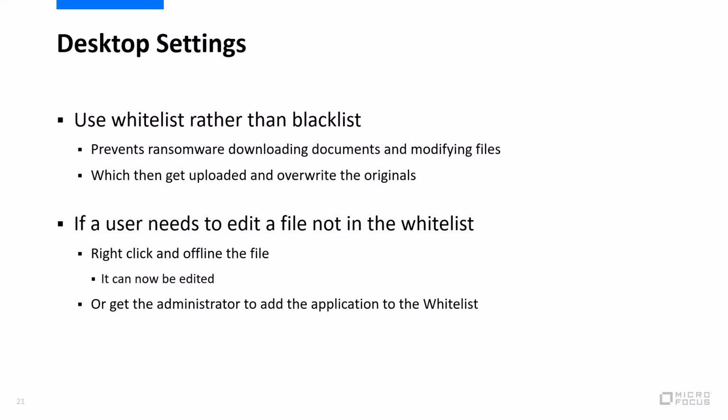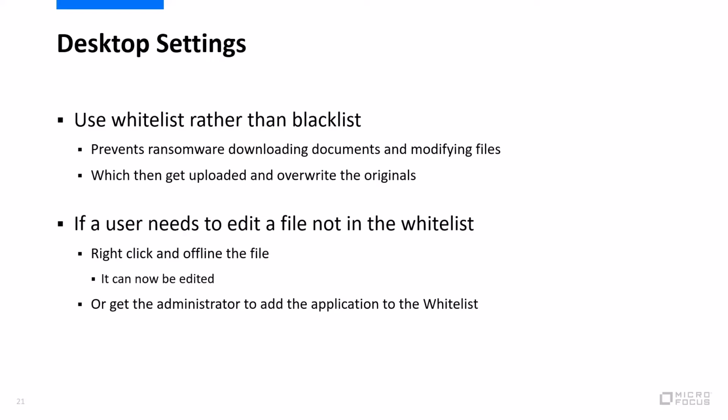So I tend to use a whitelist. That's a little bit more important when maybe a user's running an executable called ransomware.exe. We don't know what the file name is. It was only created a couple of days ago, so we haven't been able to add it to our list, and it's going to go through the whole system, pulling down files off the server and encrypting those files.